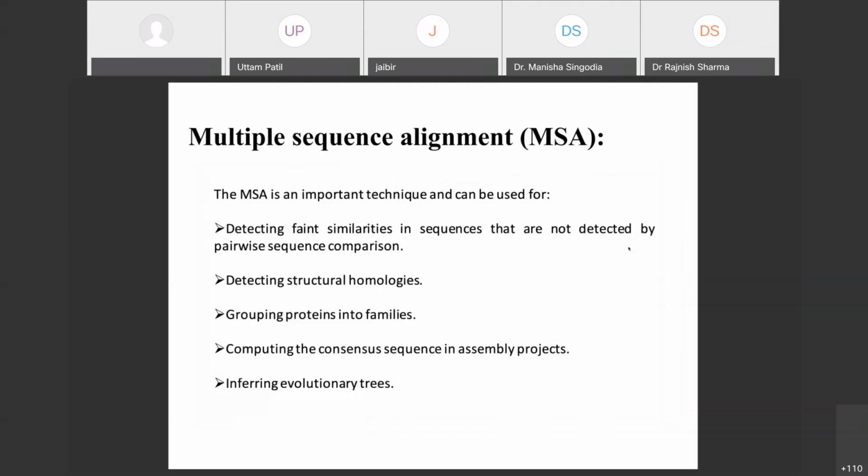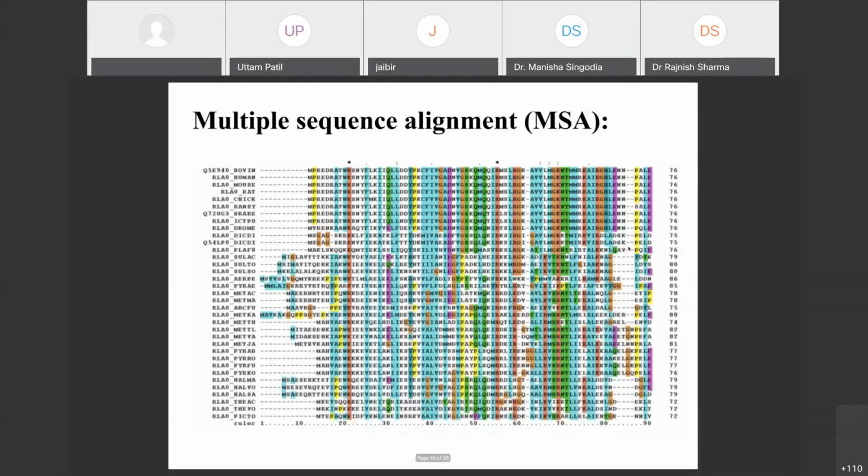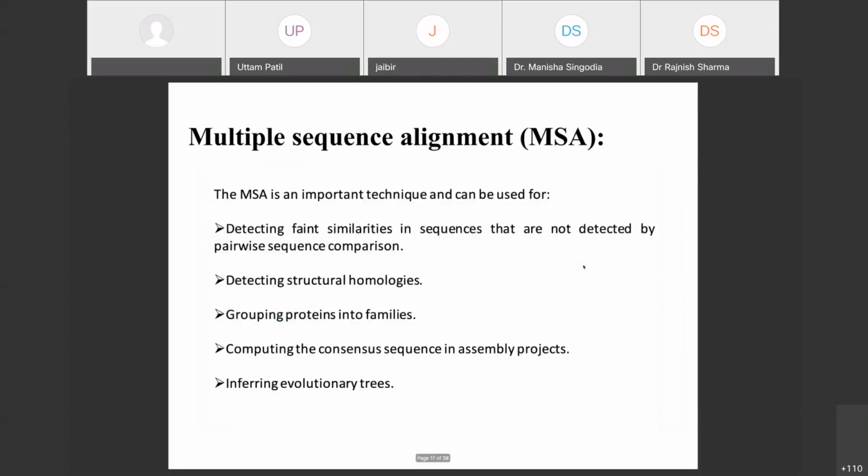So, as I said, the MSA is a very important technique, and it can be used for detecting faint similarities in sequences that are not detected by pairwise sequence comparison. If you look into these two sequences, probably you might not be able to see a lot of similarities which you can see through multiple sequence alignment.